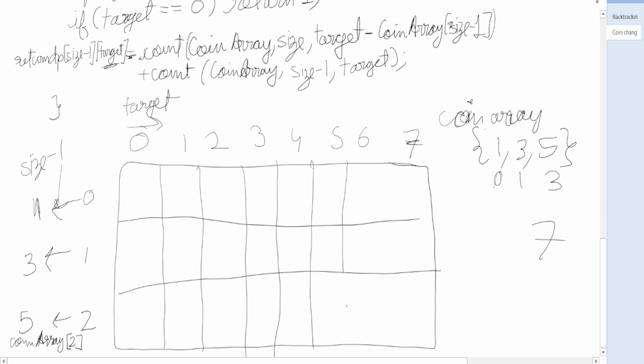And our final answer, or the required answer, will be in the last cell. That is the cell which has target 7 and the cell which has all the combination, like 1, 3, 5. This cell does not represent only 5.